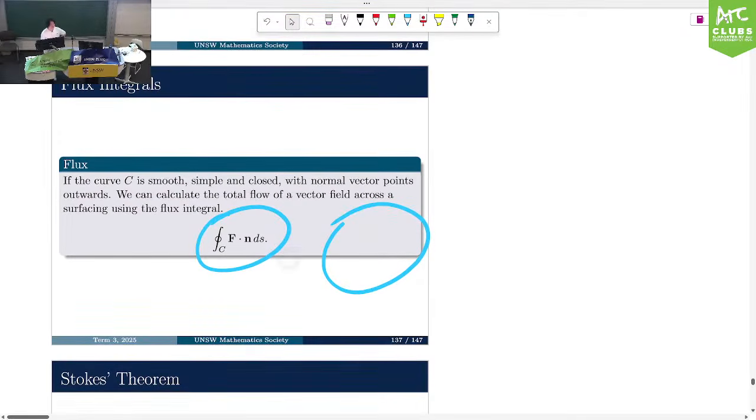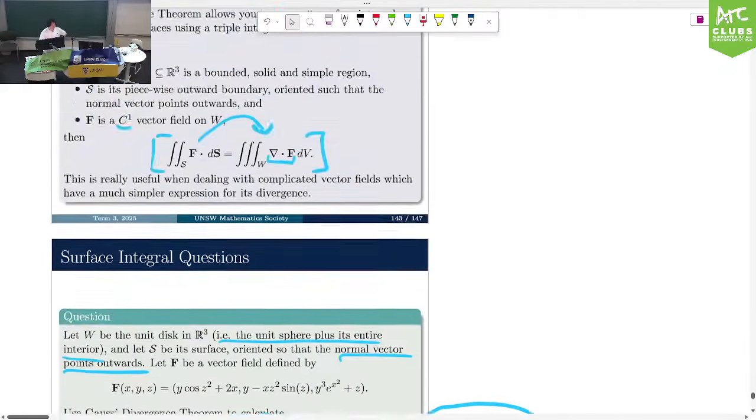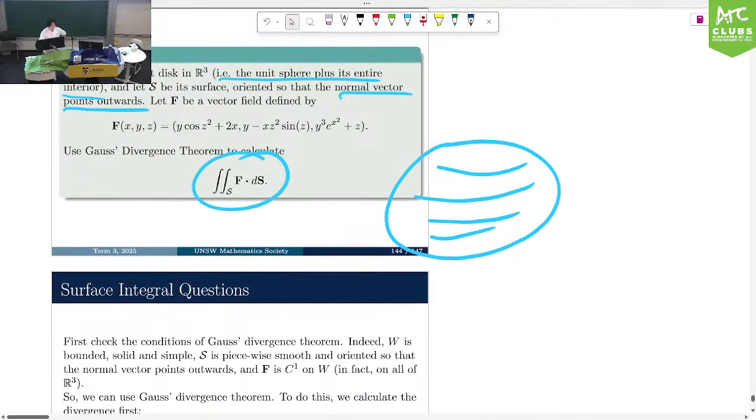But I suppose this is dealing in a 2D sense, which is why I got confused. Maybe 3D. The divergence across the region.